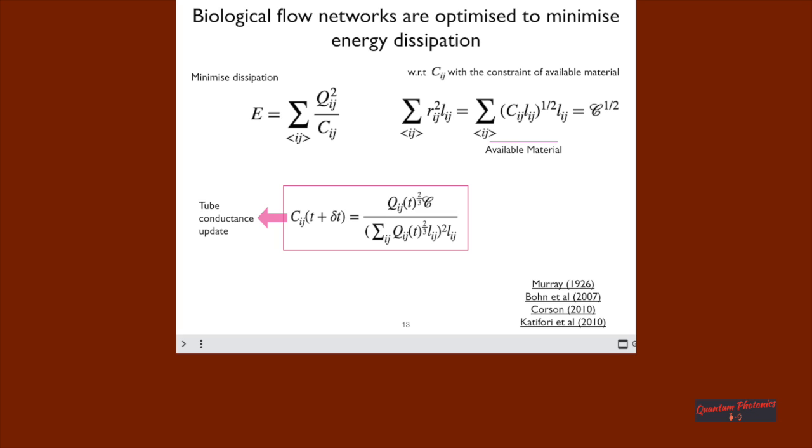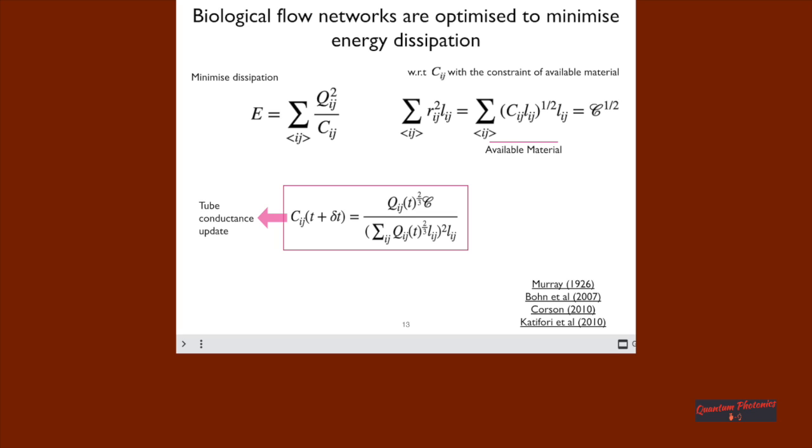There is a theory, established since 1926 by Murray, that these biological flow networks adapt to maximize transport by minimizing their energy dissipation, because the main purpose of these networks is transport.